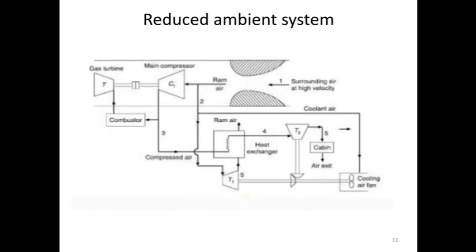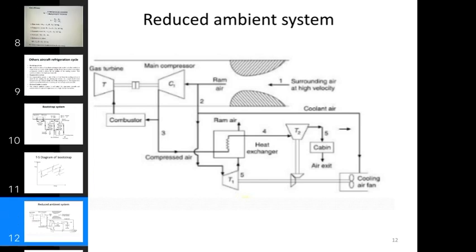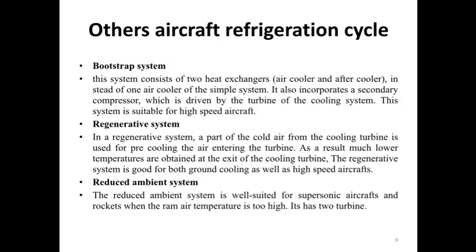Then the reduced ambient system. Before that was the regenerative system, which is not much different from the simple refrigeration system. The regenerative system has two heat exchangers. Generally in a regenerative system, part of the cooled air from the cooling turbine is used to pre-cool the air entering the turbine.